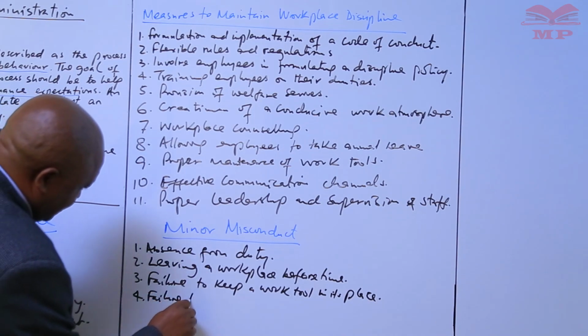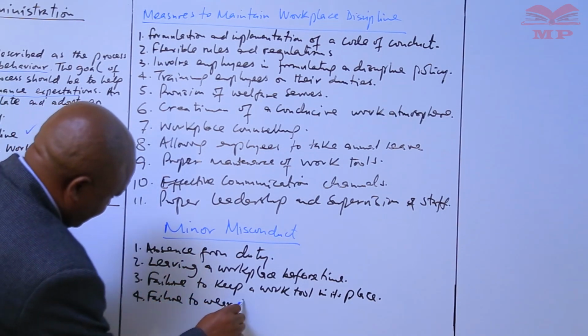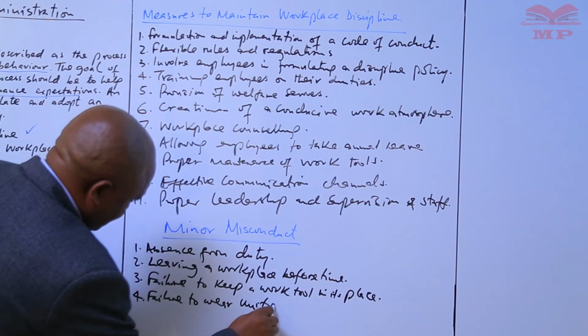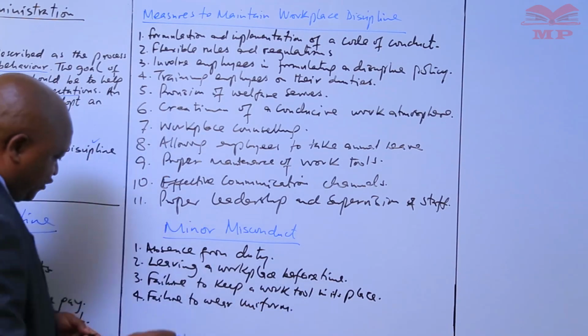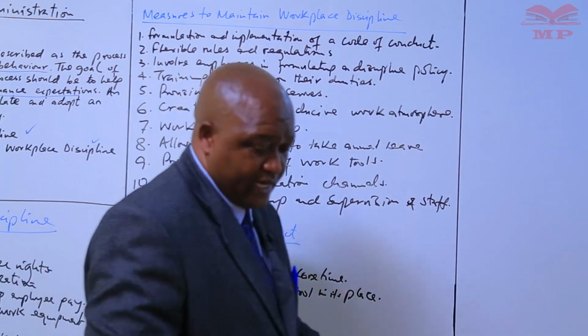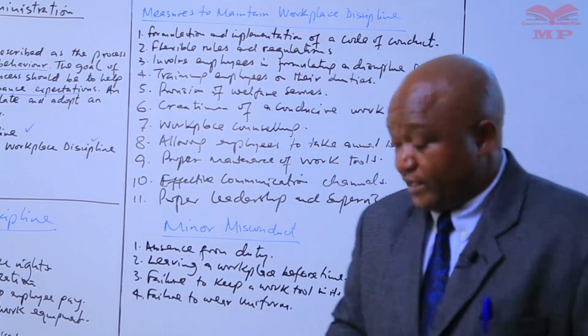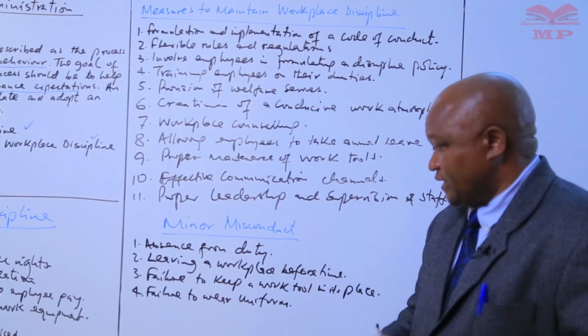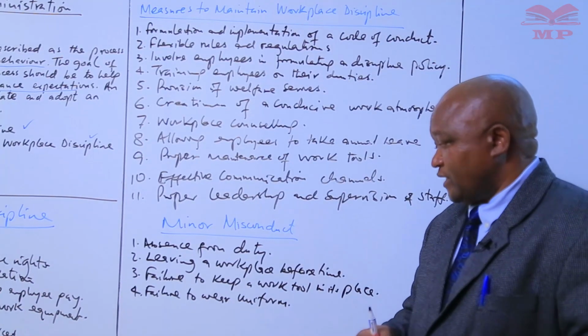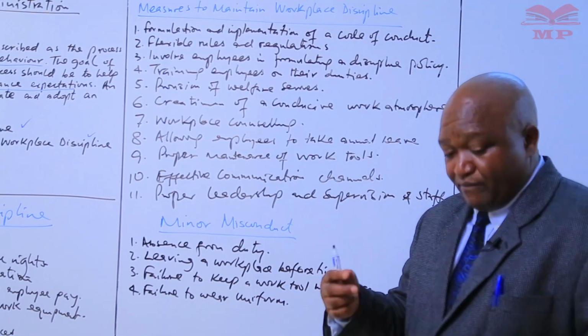Then number 4, failure to wear a uniform. An organization may require that on a particular day an employee has to put on a particular uniform, and that employee does not put on that uniform. So this could be categorized as a minor misconduct.